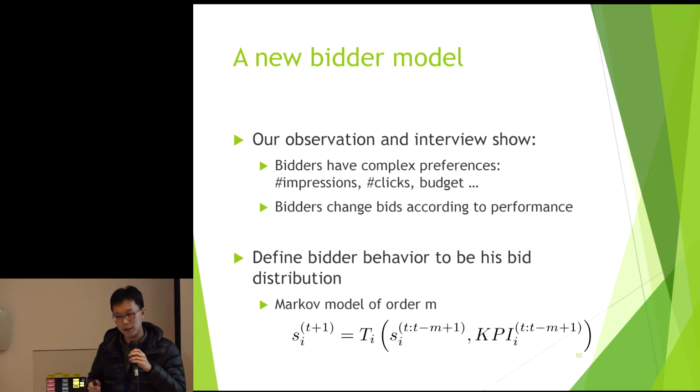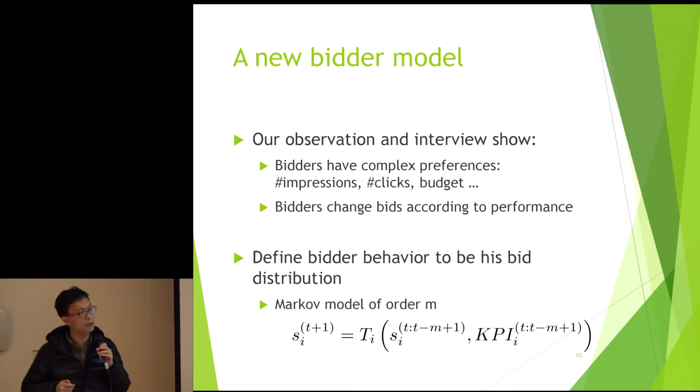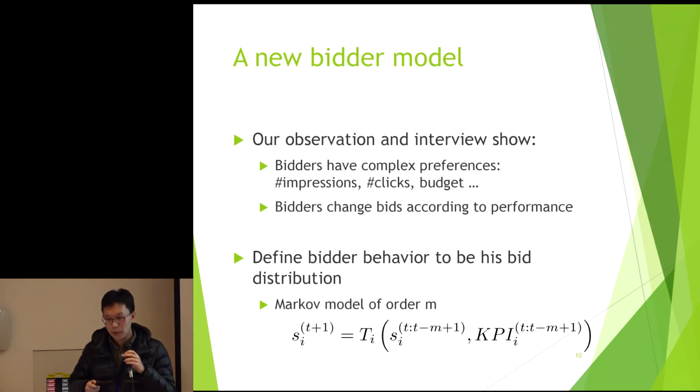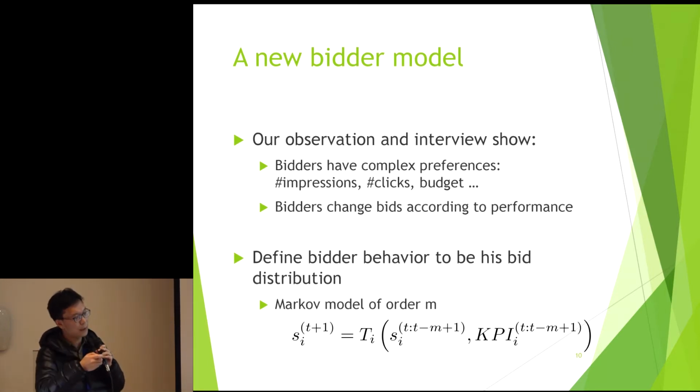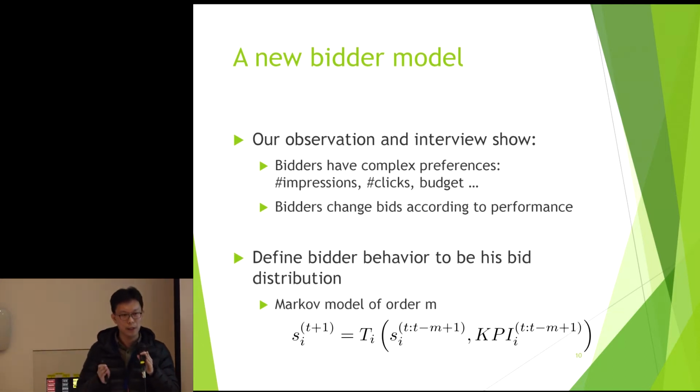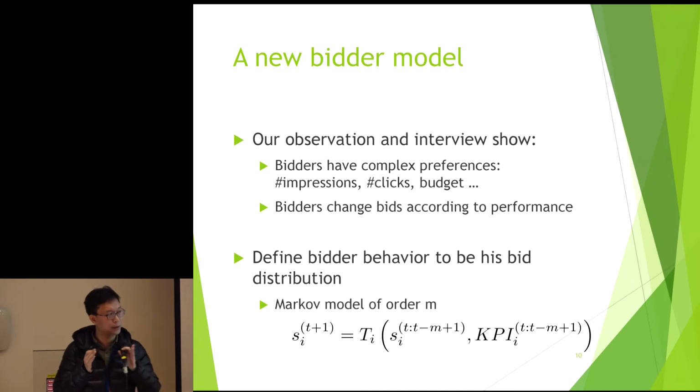So the bidders tend to change their bids according to these performance indicators. In order to capture this kind of bidder behavior, we propose the Markov bidder behavior model. Here we define the bidder behavior to be his bid distribution over a certain time period.